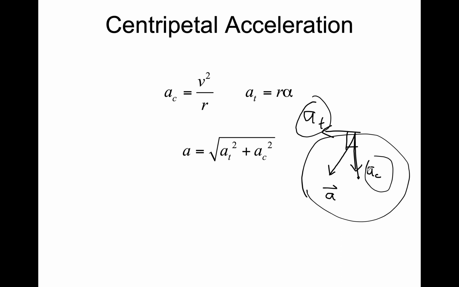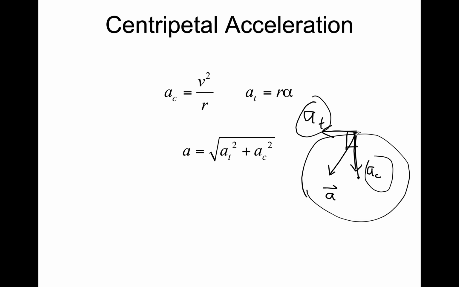So the total acceleration of an object doing circular motion that has an AC and also an AT, which is tangential acceleration, should be calculated using the Pythagorean theorem to add those two accelerations together as vectors.